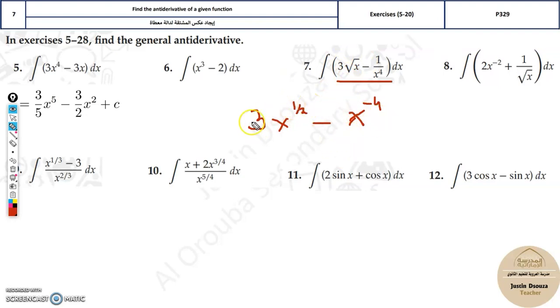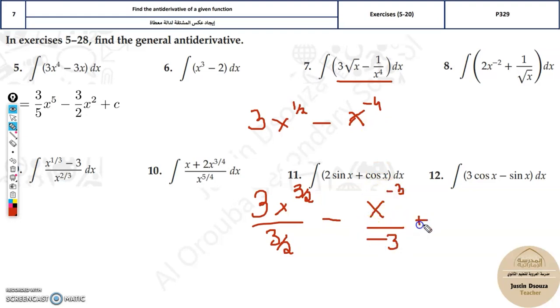Now, you should use the power rule, just as we did before. 3 is a constant, leave it. Half plus 1 would be 1.5 or 3 by 2, so 3 x to the power 3 by 2 divided by 3 by 2, minus x to the power minus 4 plus 1, which is minus 3, divided by minus 3, plus c. Now simplify. It is 3 divided by 3 by 2, the answer would be 2, or 3 divided by 1.5.